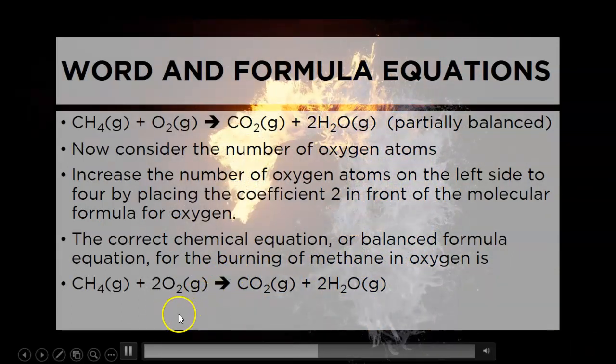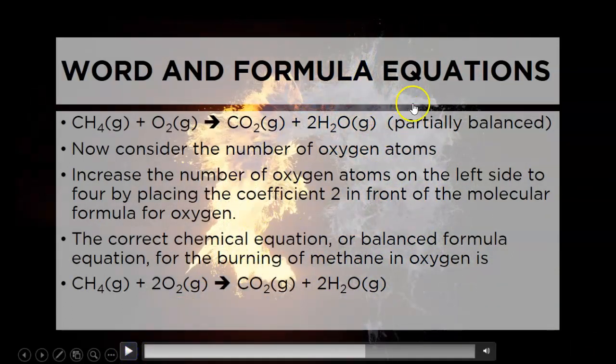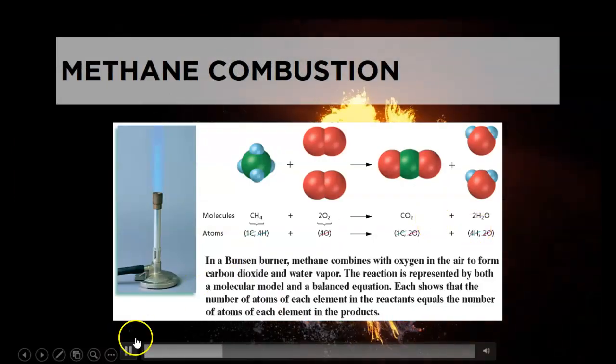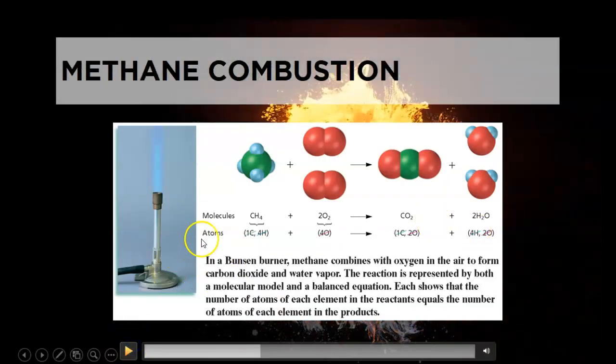But you can see they walk you through in the next slide how to go through that process to eventually get to where we got with CH4 plus 2O2 gives me CO2 plus 2H2O. And again, that's the Bunsen burner reaction that we're seeing there.